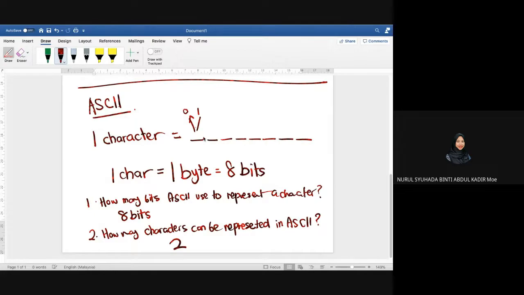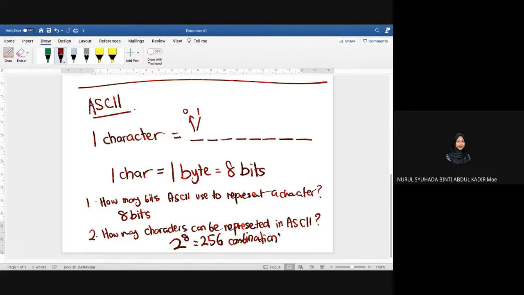And then kita nak tahu berapa combination yang kita boleh buat. Okay, so kita akan jadikan dia 2 to the power of 8. So kita akan dapat 256 combination. Kita akan dapat 256 different unique combination lah.